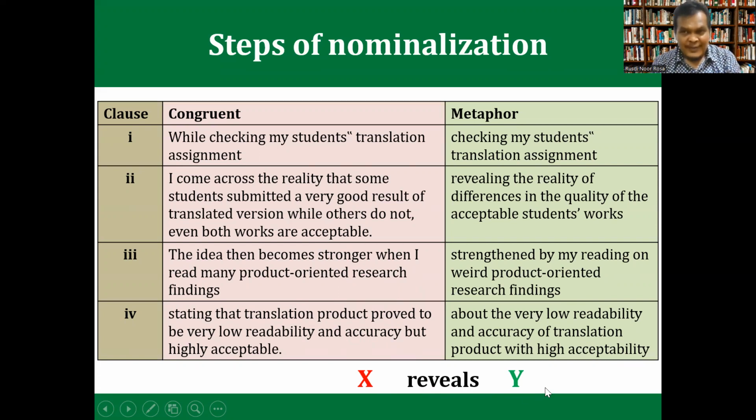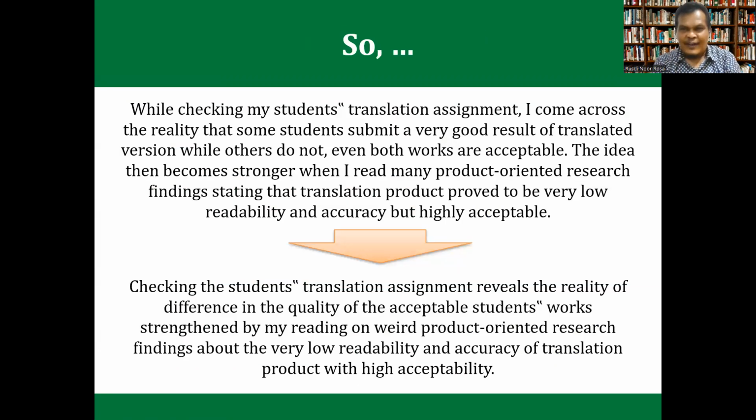So what is the result of the clause? Here you are. This is the result of the clause. Checking my students' translation assignment reveals the reality of difference in the quality of the acceptable students' works, strengthened by my reading on weird product-oriented research findings about the very low readability and accuracy of translation product with high acceptability.